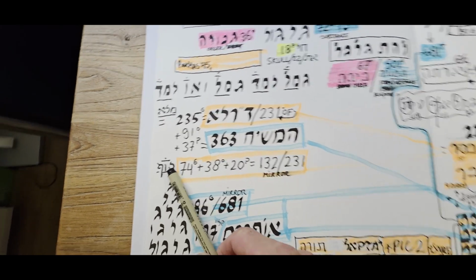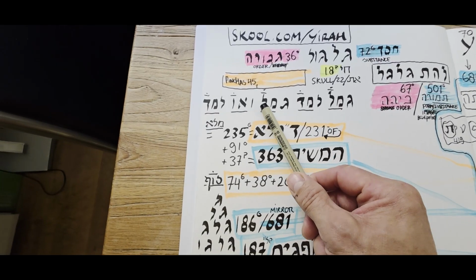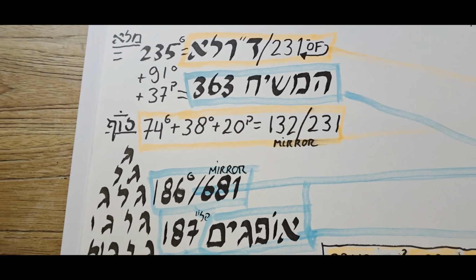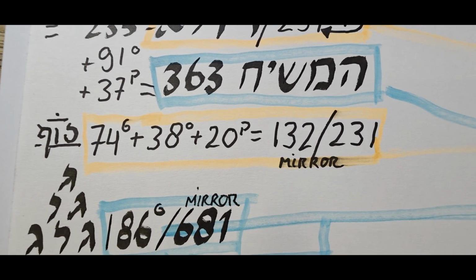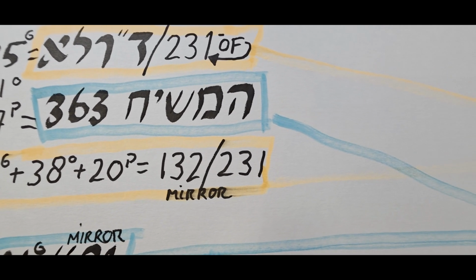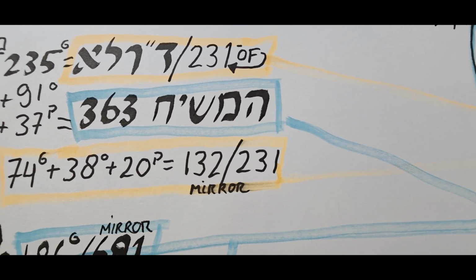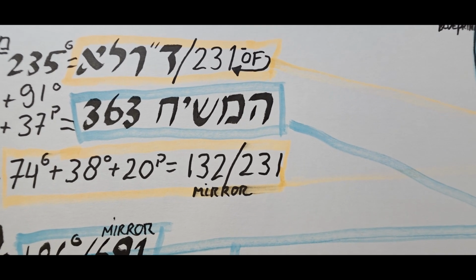Okay, so the Sofit letters would be the very last letters. So Lamed, Dalet, Lamed, Vav, Dalet have a value of 74, ordinal 38, and Katan 20, making a total of 132. And Gematria is way beyond regular mathematics, so it is tzerufable.